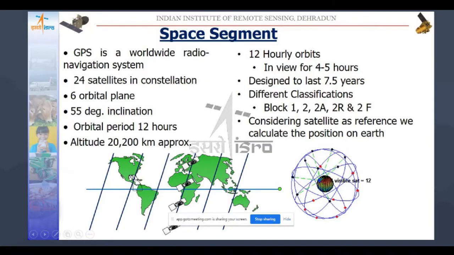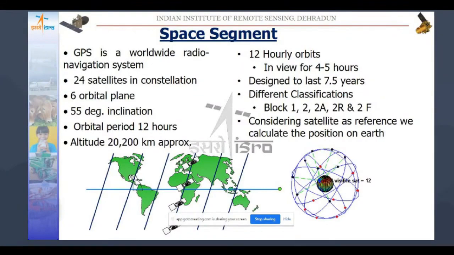But we want continuous coverage. So there are two options. Either we have many satellites, like 24 or 30, so continuous coverage can be given: one satellite is visible for 12 hours, then another satellite comes and is visible, and so on. Or we place the satellite at a place from where we can continuously get the signal.